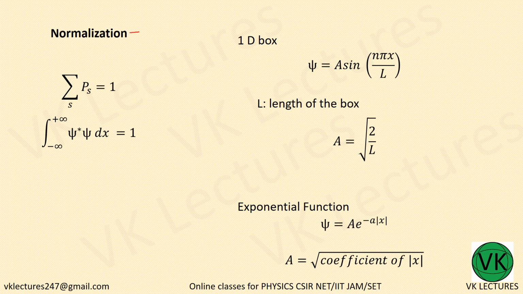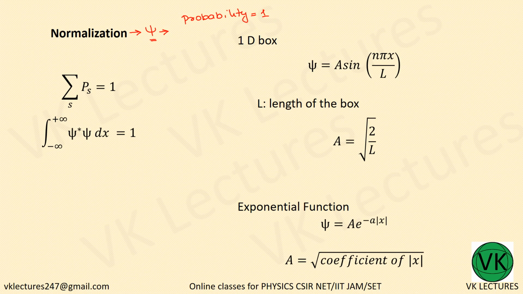Normalization for any wave function psi is done to make the probability equal to 1. Unless the probability is equal to 1, the wave function doesn't carry much information.